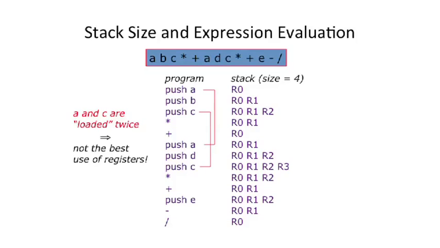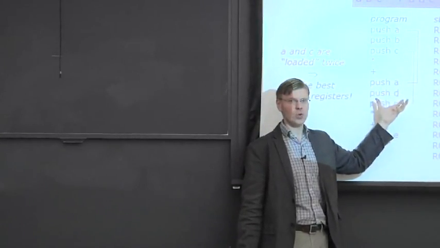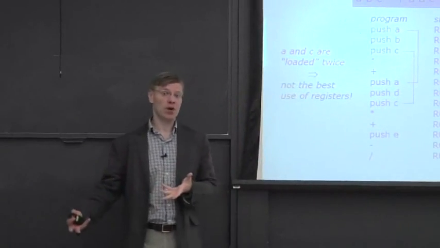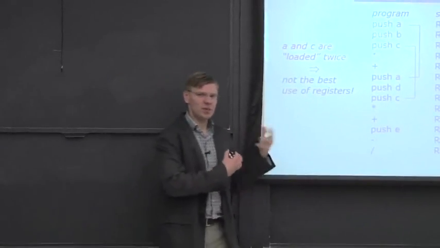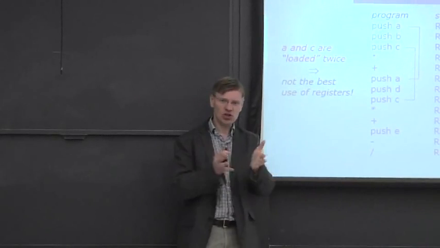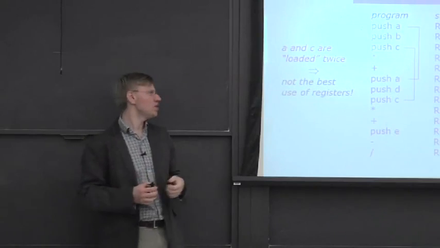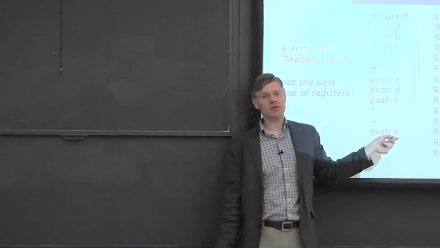So all of a sudden, we're doing extra work, and maybe we could have done less work if we had a machine model, a big A architecture, which allows you to store multiple things and name different operands. So what I want to get across here is, while a stack-based architecture is very simple and the instructions are very dense, it may not be good for performance because you might end up having to reload values multiple times.